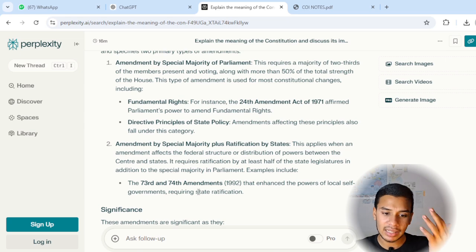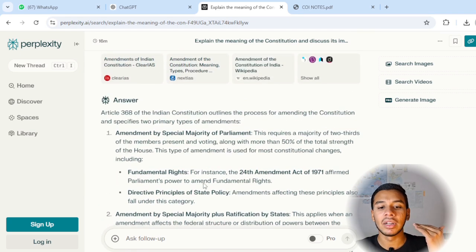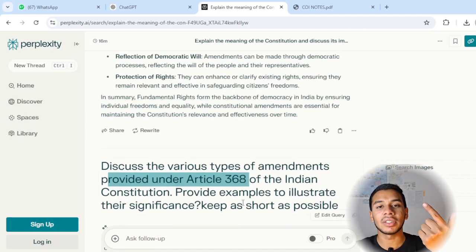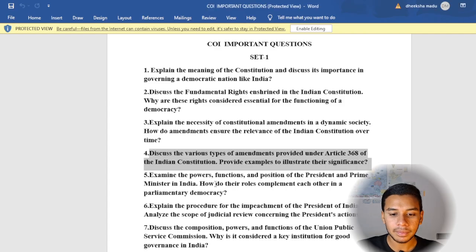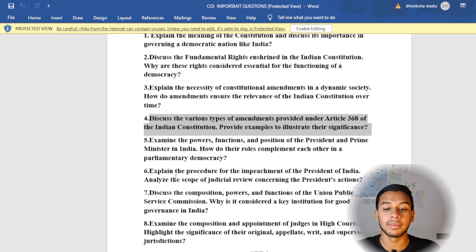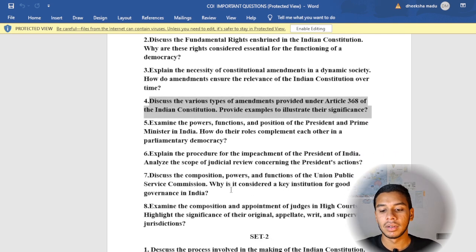The second main point is amendment by special majority plus ratification. So basically, Parliament and ratification come under the concept of Article 368. That's it. Now let's move to the next one.